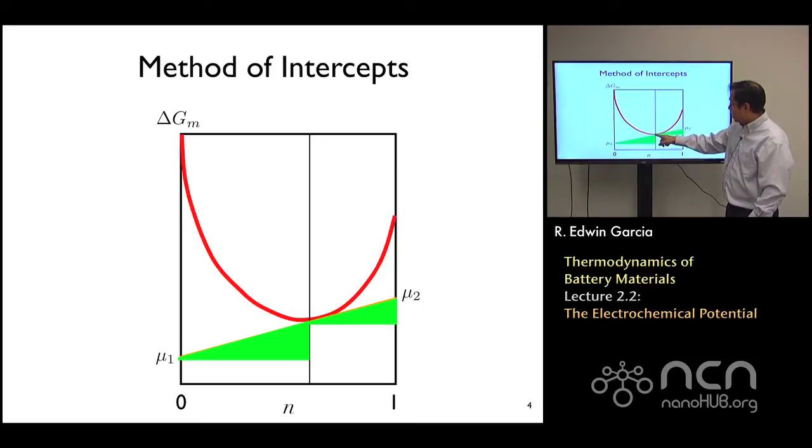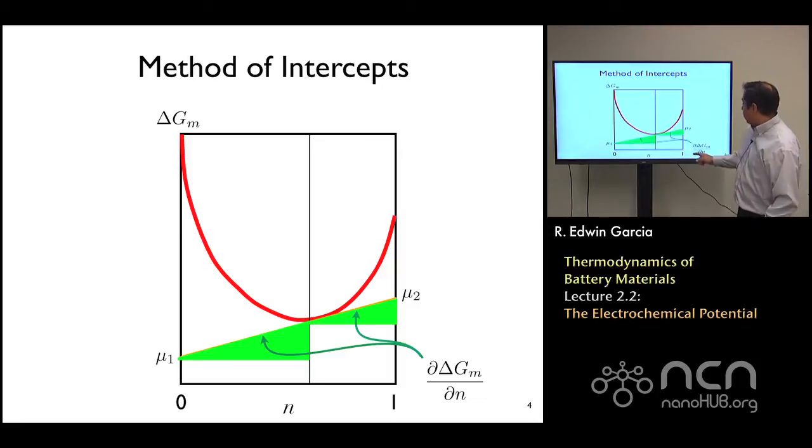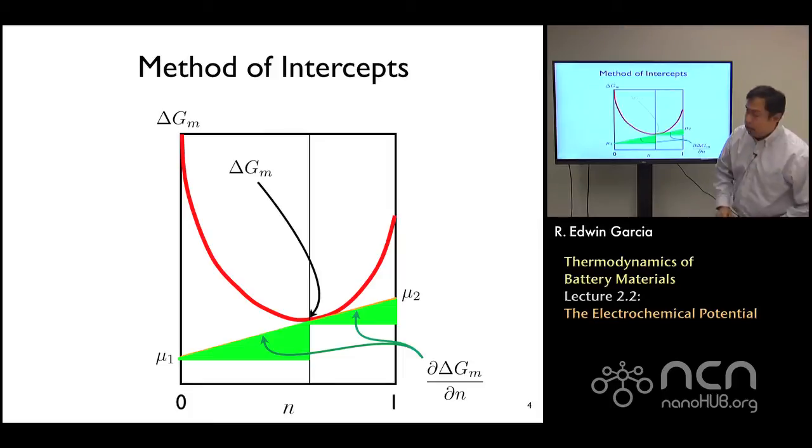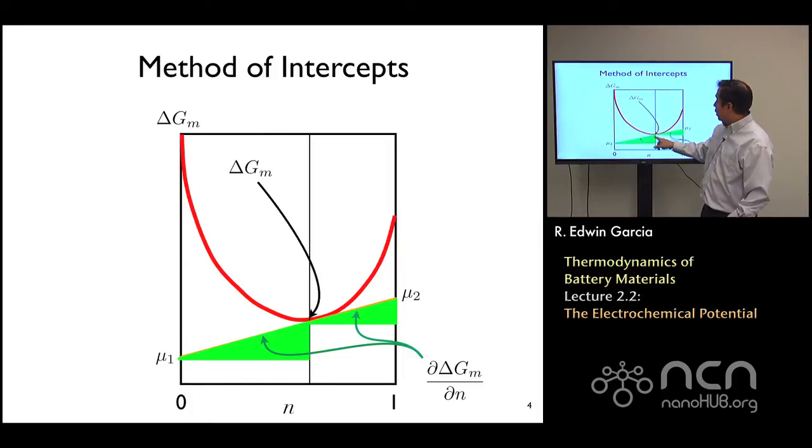So at this point, since we know the value, we also know the slope. That slope corresponds to the derivative of the free energy of mixing with respect to the composition. Then it becomes very straightforward. Of course, we also know the concentration at that point.